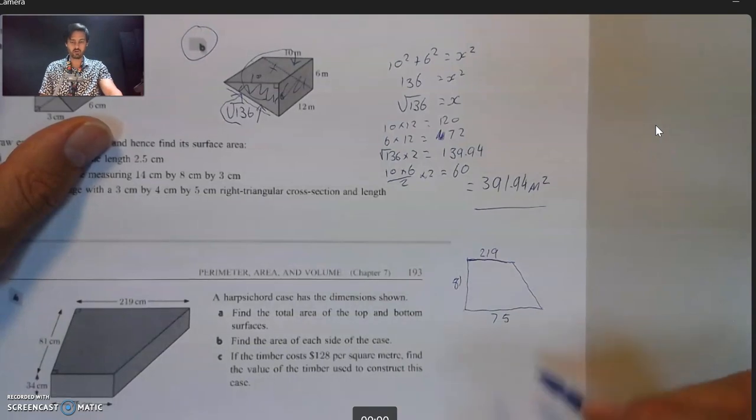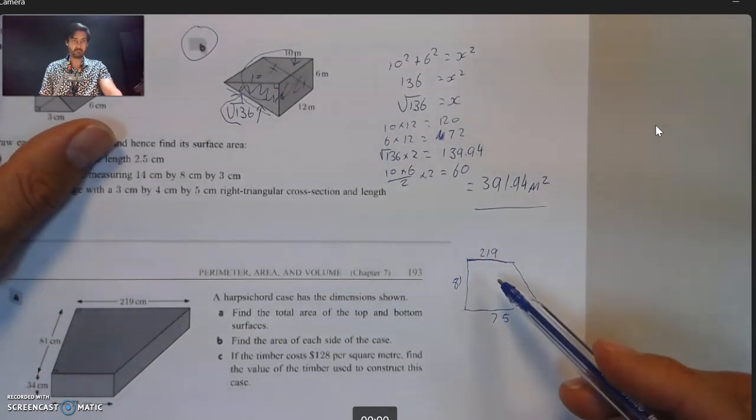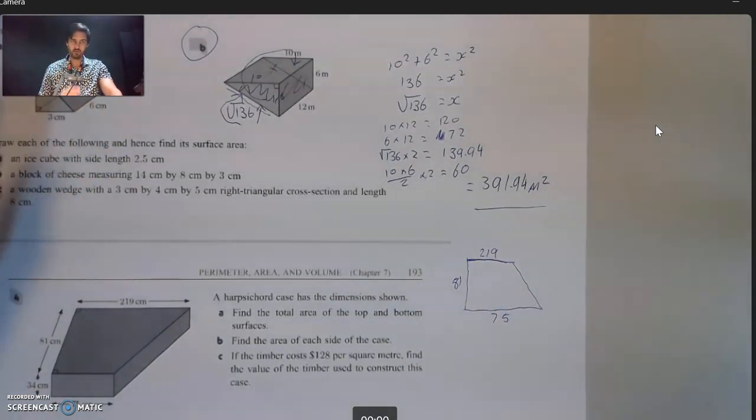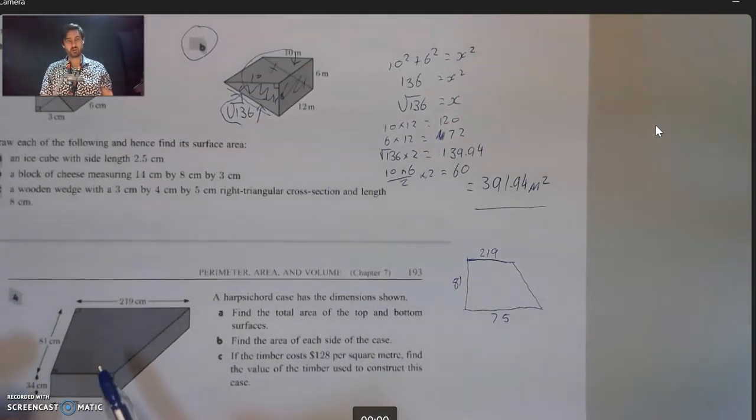Now, I don't know about you guys, but that looks like a trapezium to me. The skill, as I've mentioned this many times in my classes, and probably many times I will in these videos, the skill with these surface area questions is being able to visualize the shapes and figure out which pieces of information we need and which pieces of information we don't have and need to calculate.